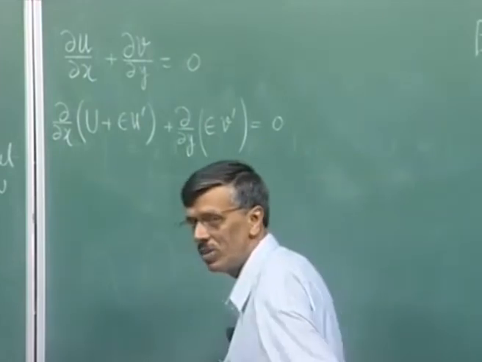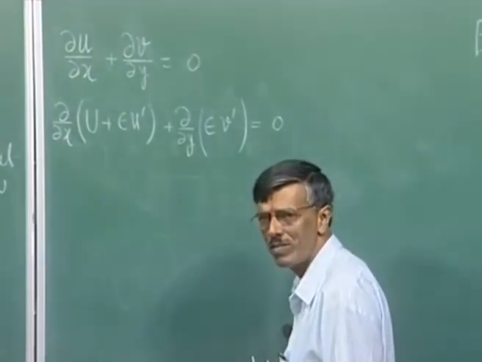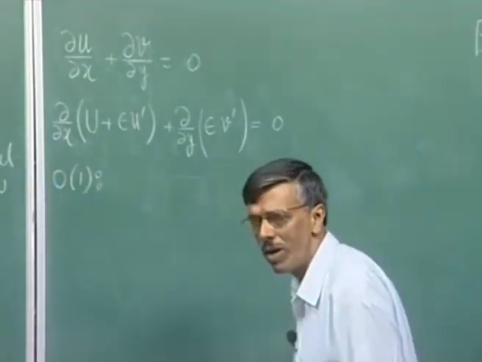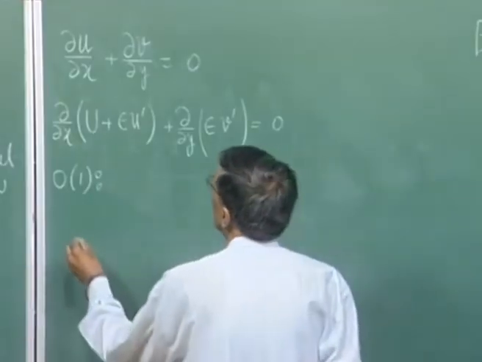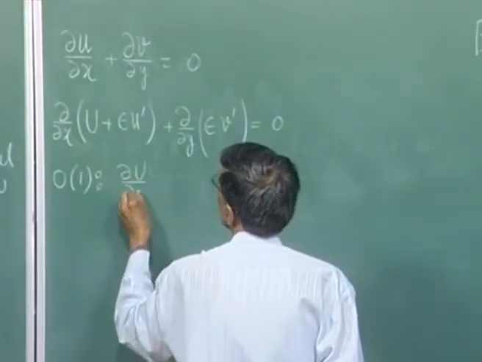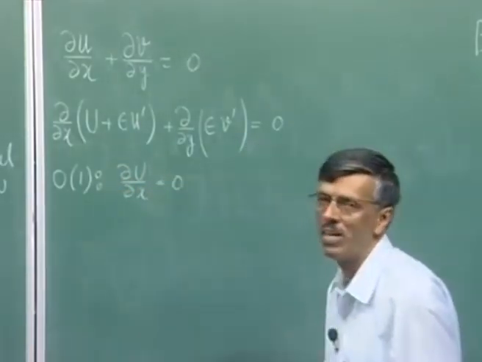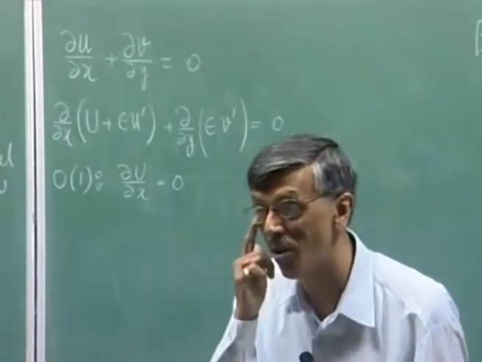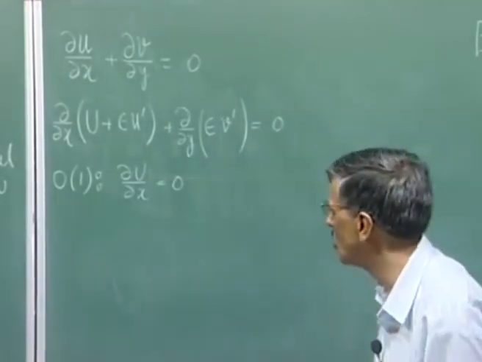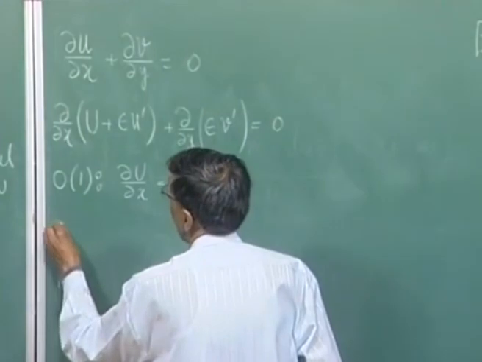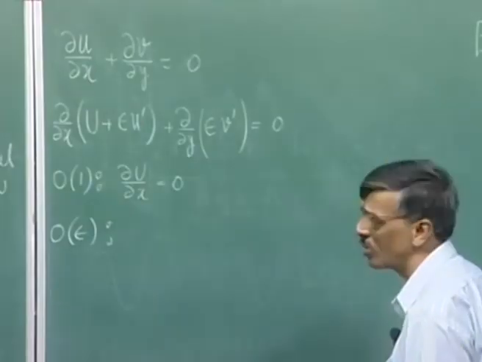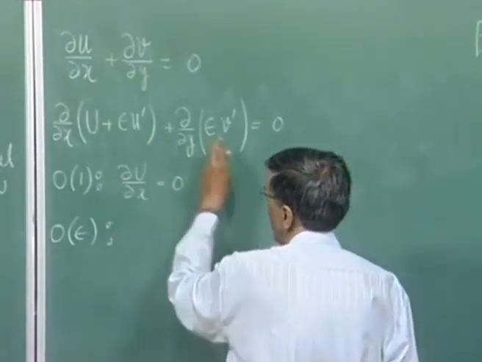And you can see the usual formal way of doing a perturbation series is you write down the order 1 quantities and order epsilon quantities. What is the order 1 quantity? It is only here. And this is nothing but your restatement of what you have actually assumed, approximated, that u is not a function of x, it is a function of y alone. So, there is no contradiction here, basically a reaffirmation of what we started with, and that is what we get. What about the order epsilon quantity? That one comes from here, one comes from there.